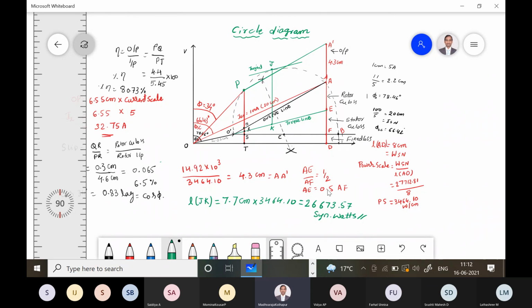If you have any doubt, you can ask me freely. These are very important topics of the three-phase induction motor. From the circle diagram we will find the performance. We have calculated the efficiency, the slip, and the maximum torque. Every parameter can be calculated by using the circle diagram.